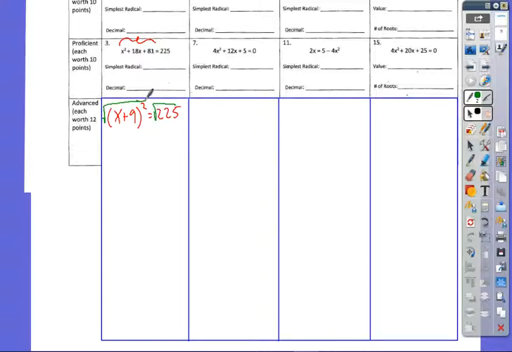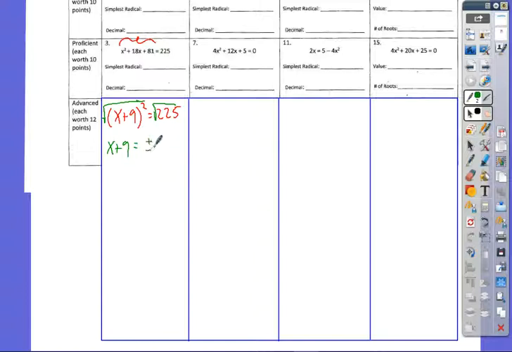So the square root of the quantity x plus 9 squared is, yes, Aiden? X plus 9. The square root of 225 is what, Mr. Howland? Plus or minus 15.